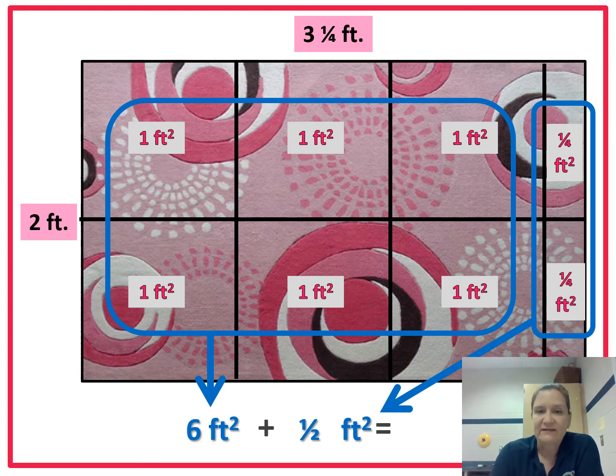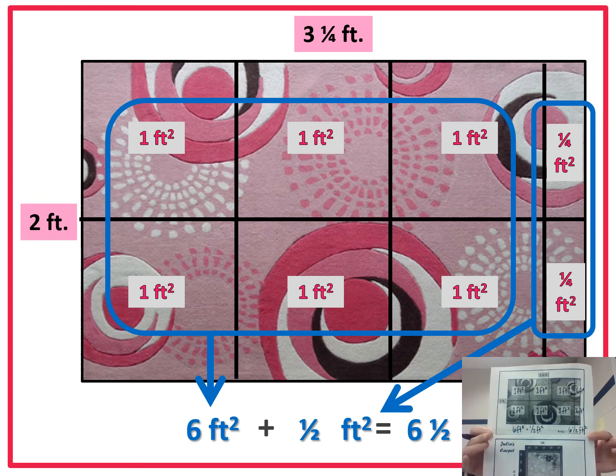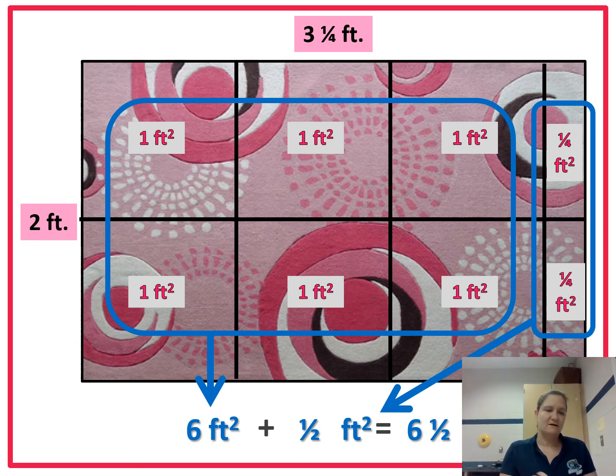And we add that together, and the area would be 6 1/2 feet squared. So the area of her carpet is 6 1/2 feet squared.